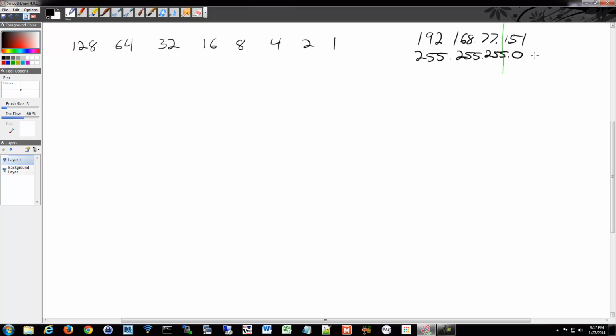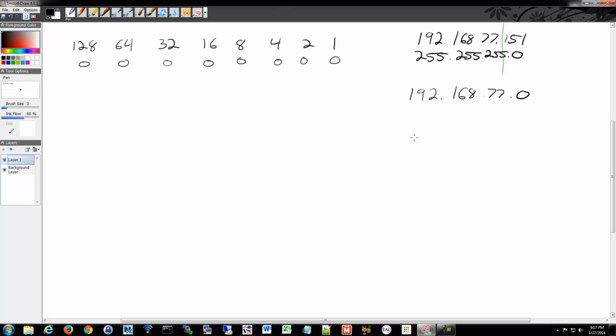So I have a full 8 bits to use for my hosts. I turn all of those 8 host bits to 0, and that's my network address. If I make these all 0, we're going to add up the placeholders, which ends up being 0, and that gives me my network address. So my network address is this.